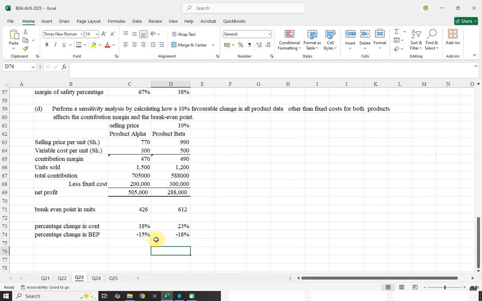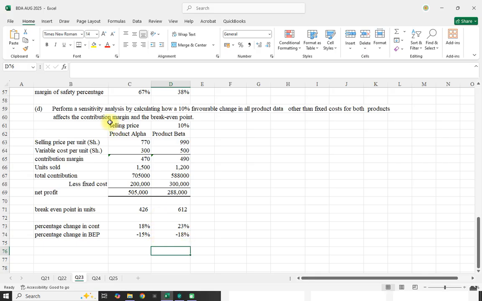If selling price increases by 10%, when you are performing the sensitivity analysis, the contribution will increase by 18% for product alpha and 23% for product beta, whereas the break-even point will reduce by 15% and 18%. The units required to break even will be less. That is how sensitive the two are to selling price.